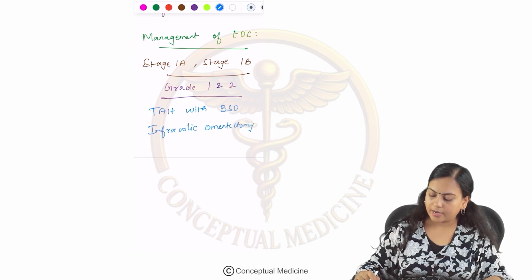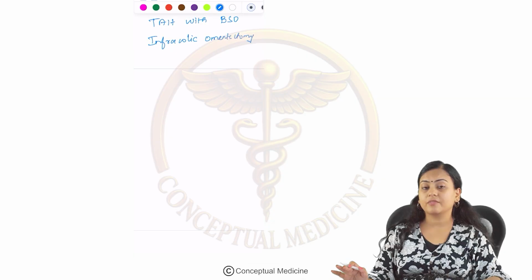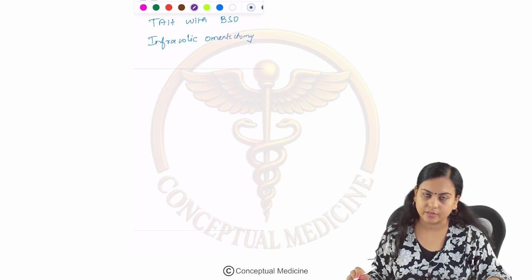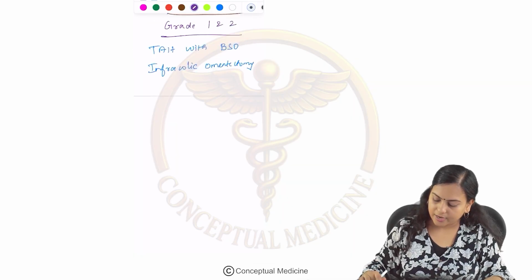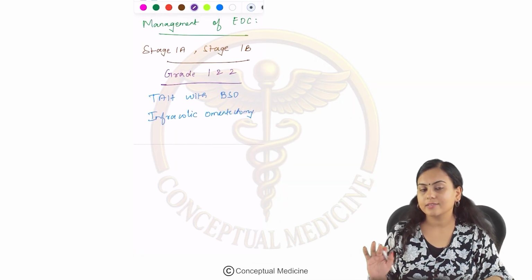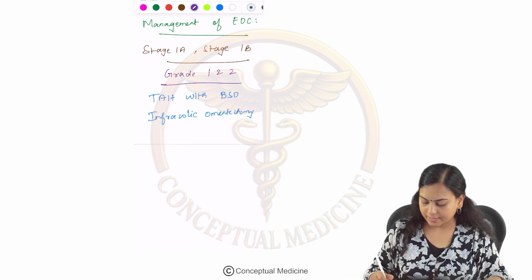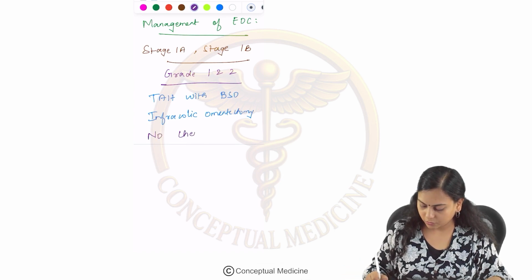Okay, and I already told you this can be converted to a USO for a female who is willing to preserve her fertility, right? And keep in mind that only surgical treatment is enough in this stage.